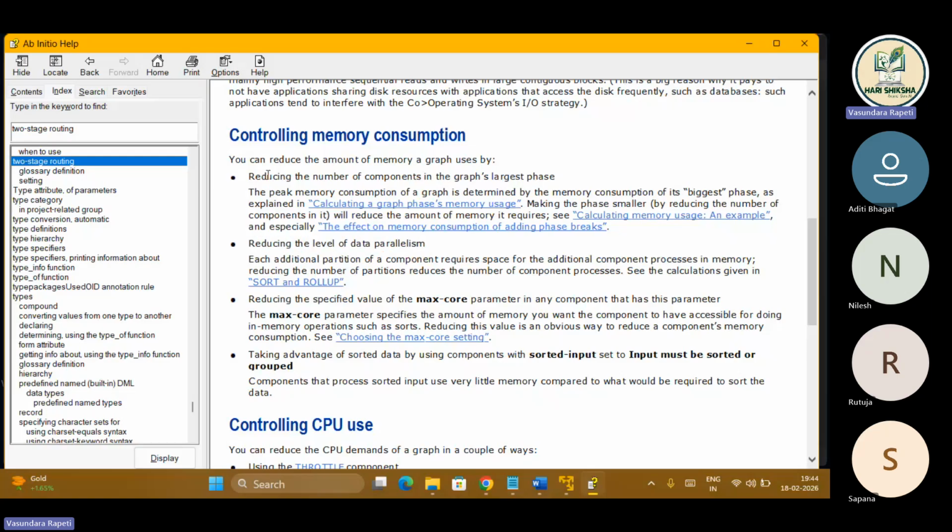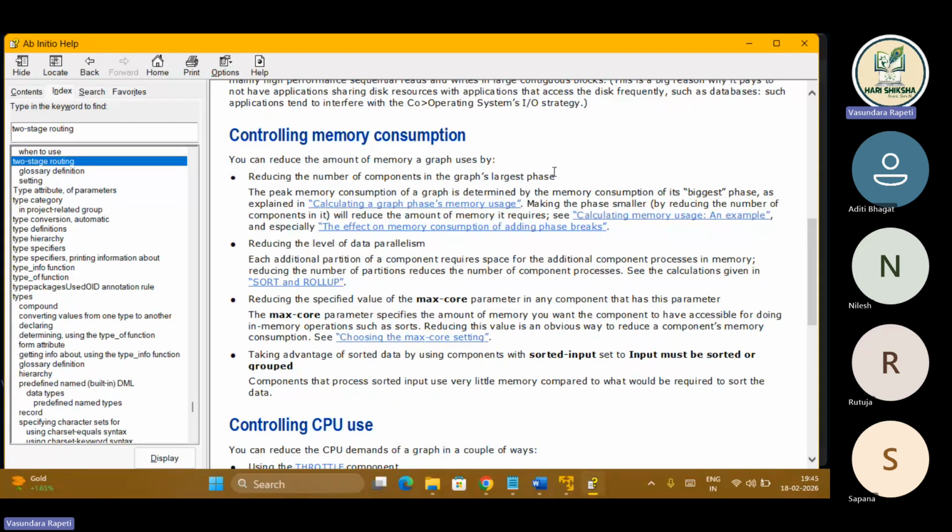See the customer also. Reduce the number of components in the graph's largest phase. Largest phase means there is one flow running in one phase, and if your number of components is high, then that phase will occupy a lot of RAM, right?